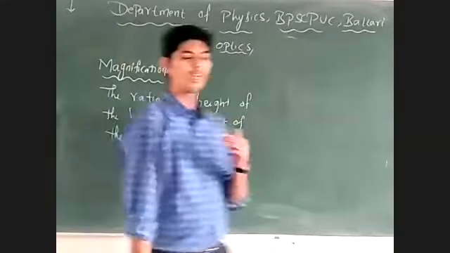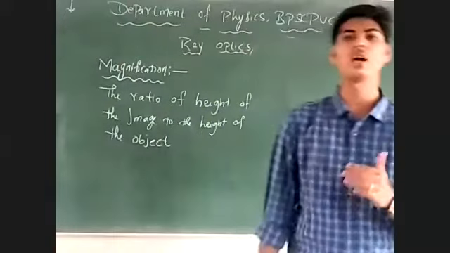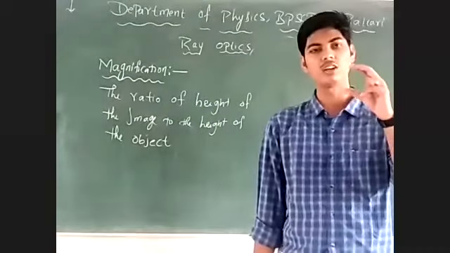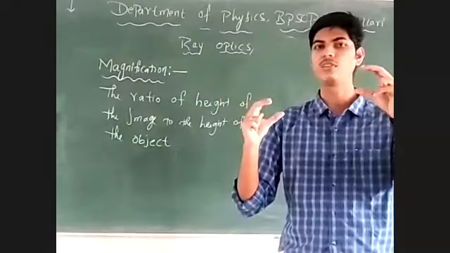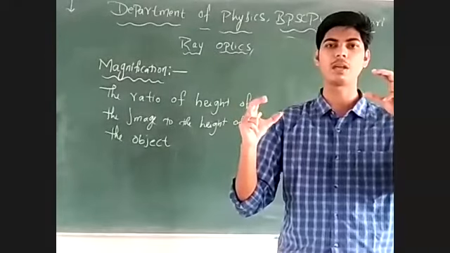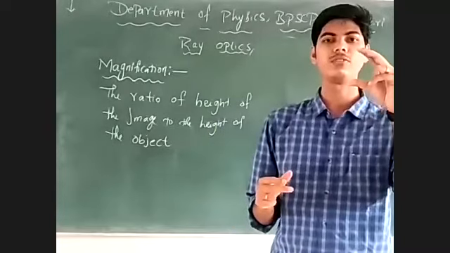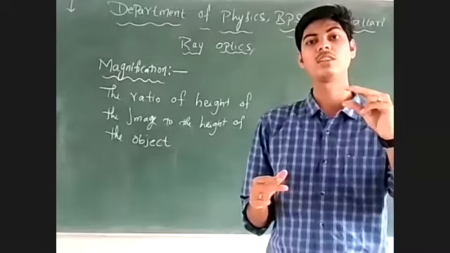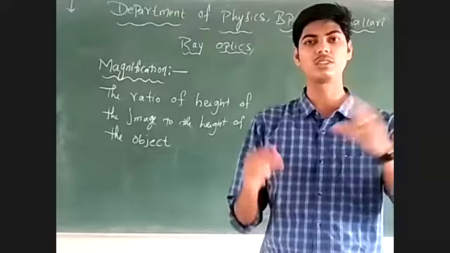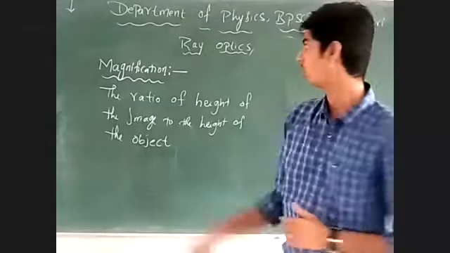See, when we are taking ratio, we are comparing the height of the image with the height of the object, to see whether the size of the image or height of the image has decreased or the height of the image has increased. That we are going to do in magnification.